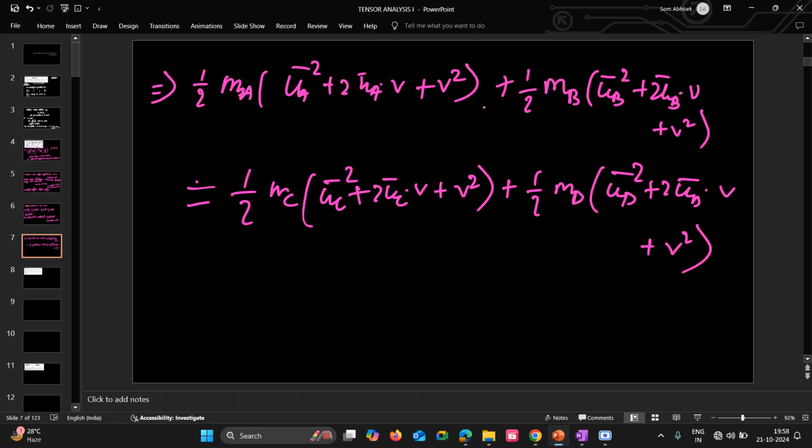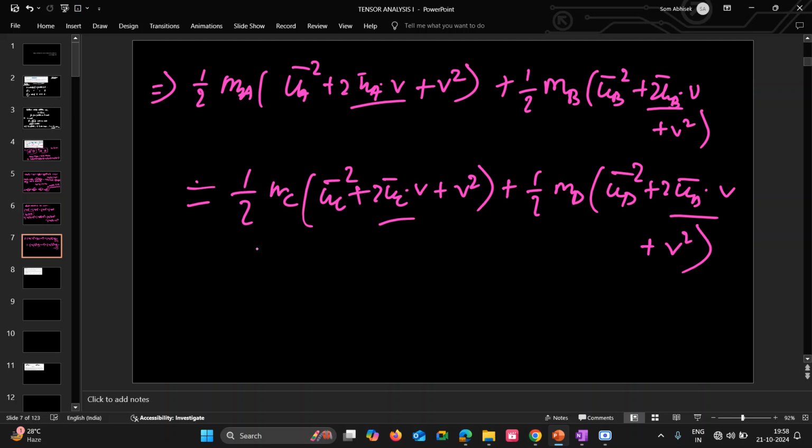Now we can expand them a bit, and we will see the middle terms will be cancelled out by conservation of momentum.